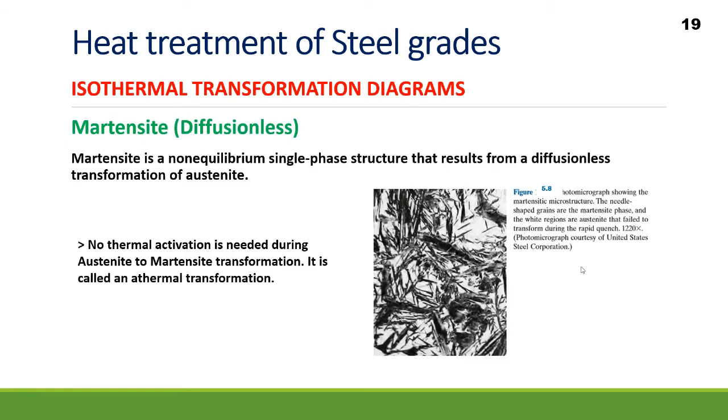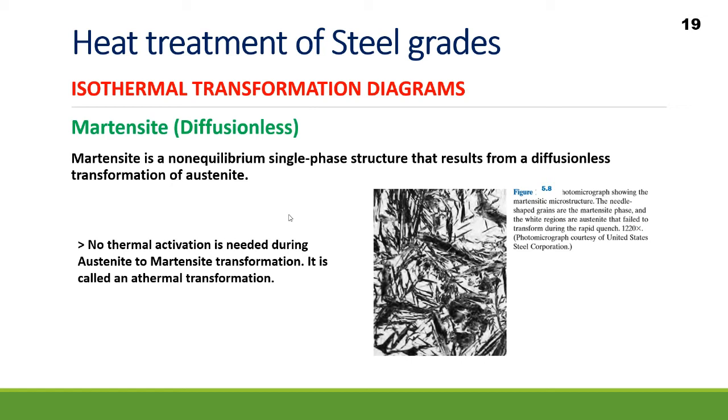We know what martensite is, but the interesting thing is that, since all the other byproducts form by the process of diffusion, the transformation of martensite is a diffusionless process, and we will see how it happens and why.